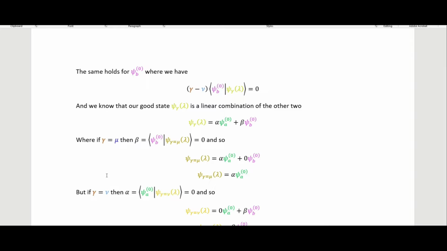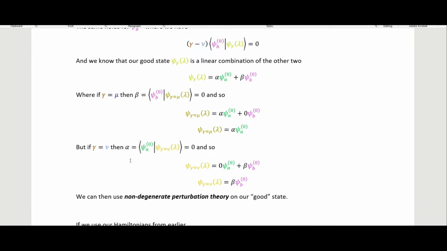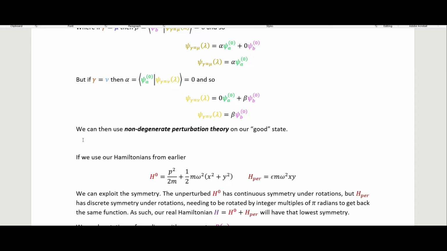And we know that our good state, so this psi sub gamma here, is a linear combination of our psi sub A and psi sub B here, where if gamma equals mu, then the beta on here will be equal to 0, and if gamma equals nu, then the alpha rather, will be 0 on here. So then we can use non-degenerate perturbation theory on our good states.